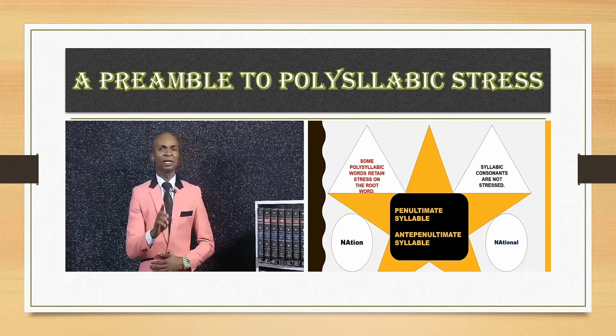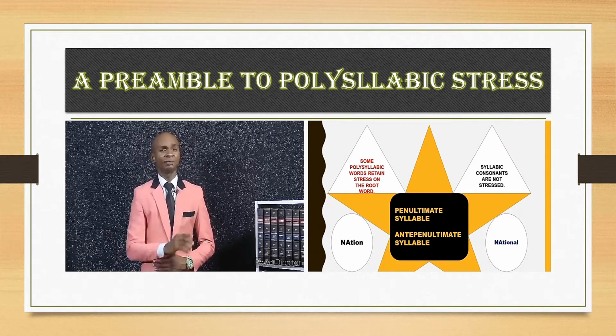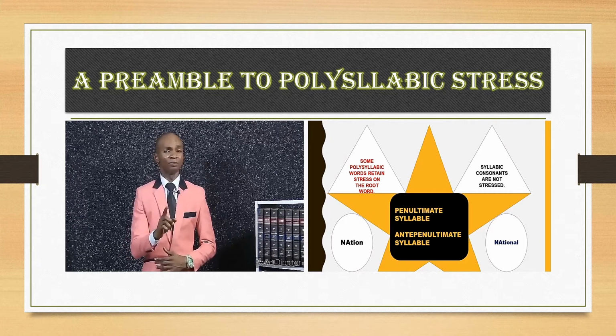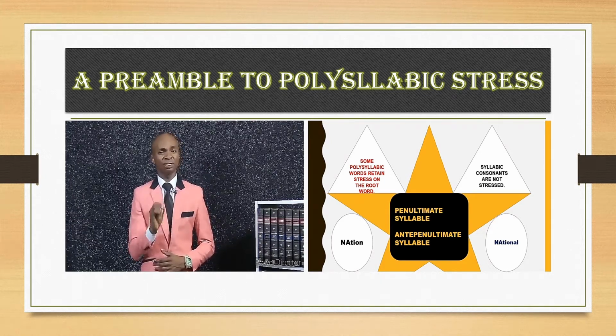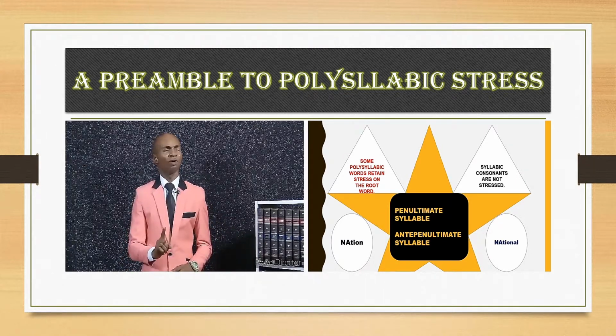I will start by looking at words that end with ION. That's the first one I'm going to consider. But before I give you the rule for words that end with ION, I want you to understand at this juncture that stress placement has rules and exceptions. So there is no shortcut. There is no simple way of placing stress on polysyllabic words. So you have to increase the intensity of your interaction with these words to enable you to place stress on them naturally.